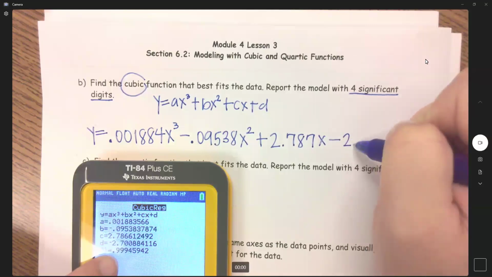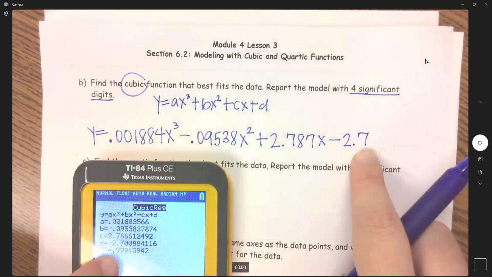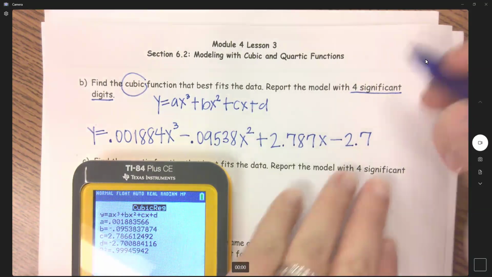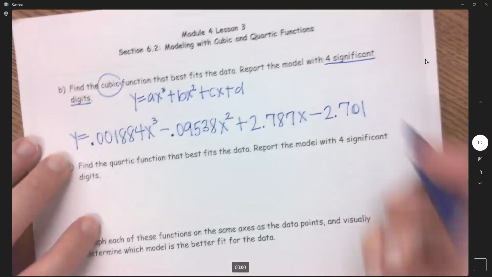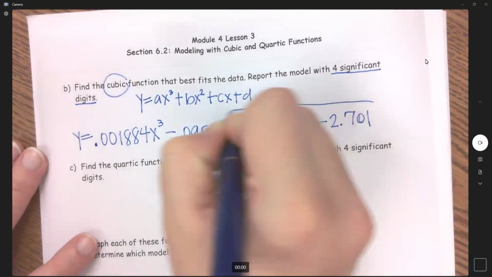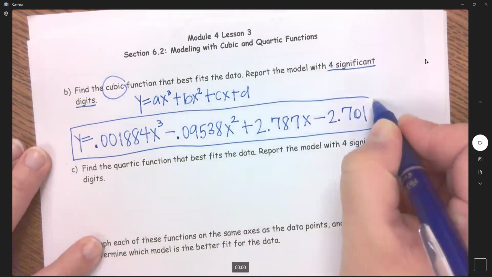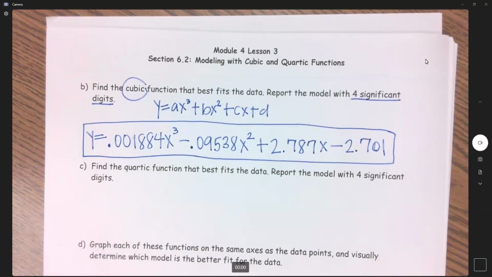So again, 2.7, that is 1, 2 significant digits. 0, 0 is 3 and 4, but that 8 makes that 0 go up. So 0, 1. Okay, there is my cubic function.